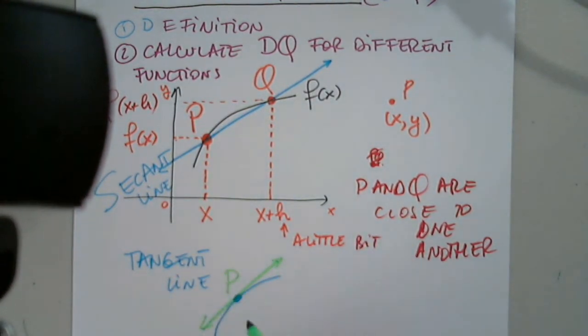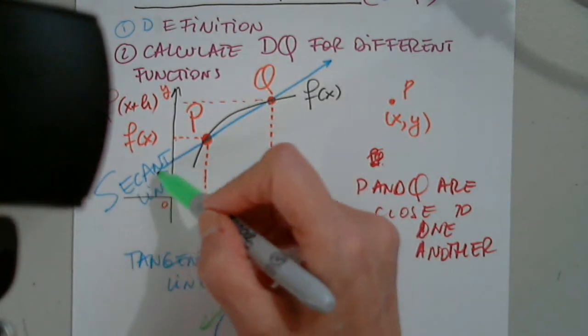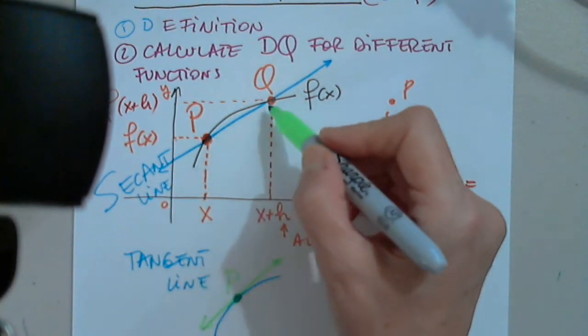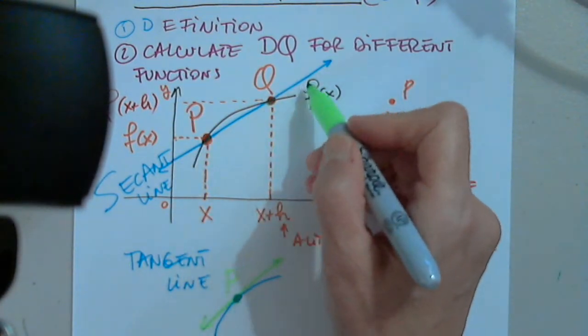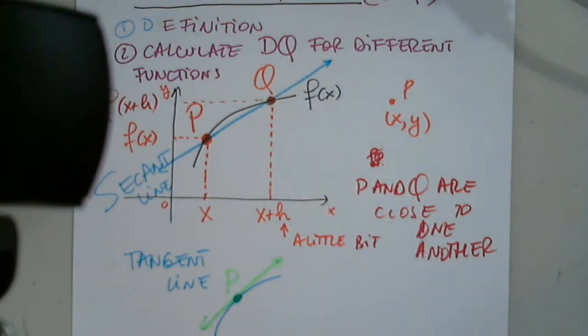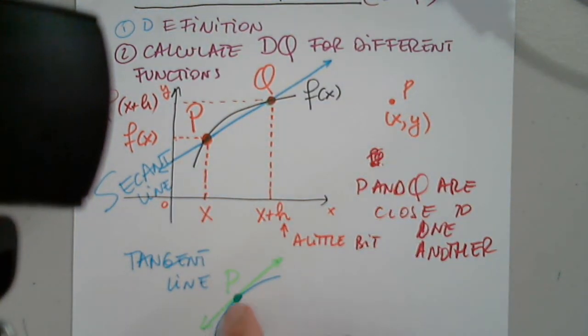The tangent line at P touches the graph of the function in only 1 point. A secant line is a line that crosses the function twice. You can cross more than twice, but at least twice. This is the tangent because it only touches in 1 point.